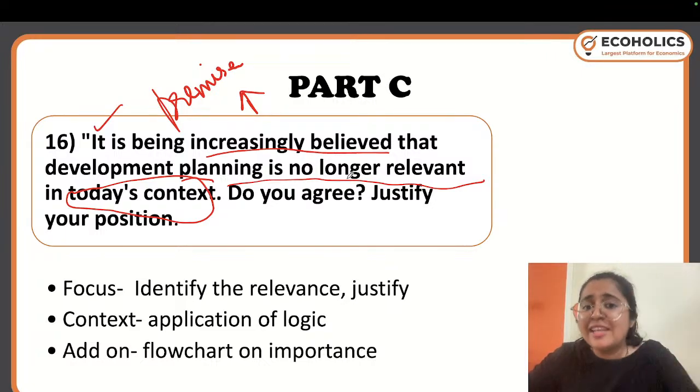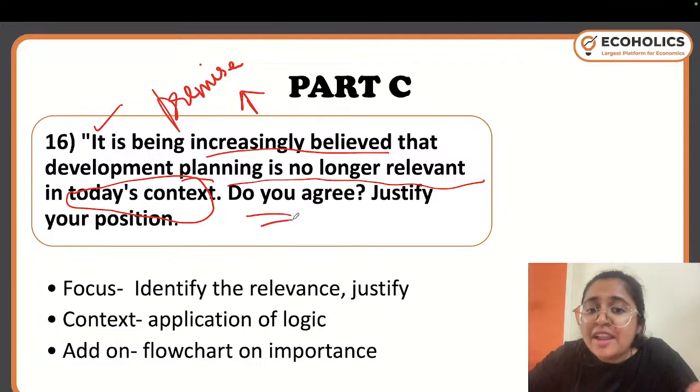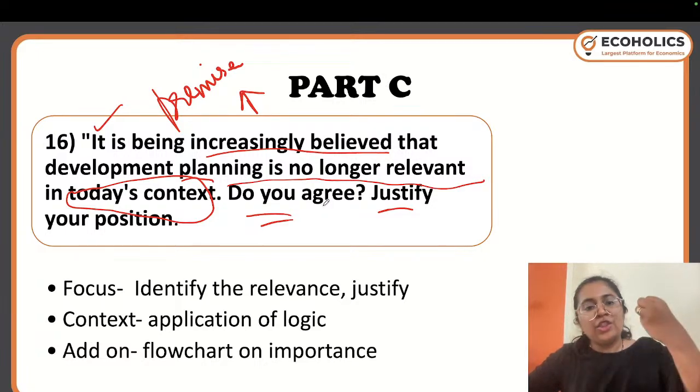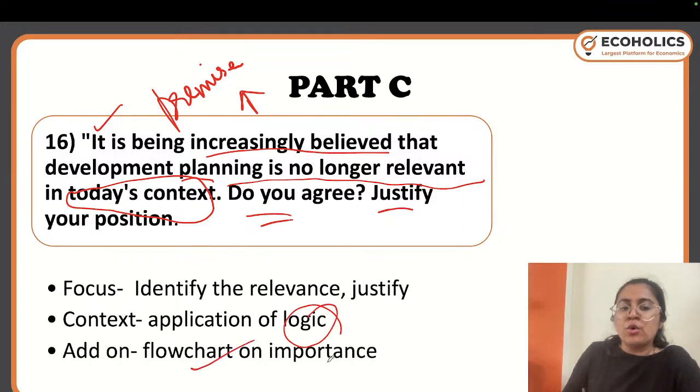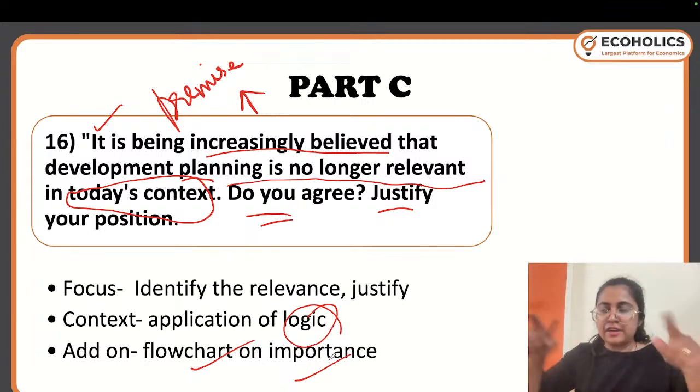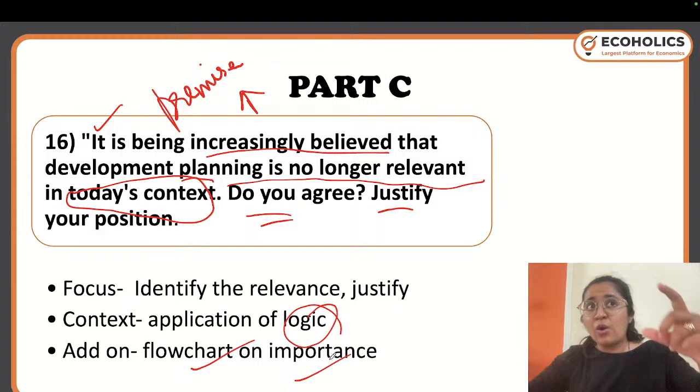They have given you a googly question, so you do not have to agree with it, and you justify why development planning is important. You are not required to go for a theoretical answer. You need to go with logic. You can go with some flow chart where you identify some pointers on how development planning is important.